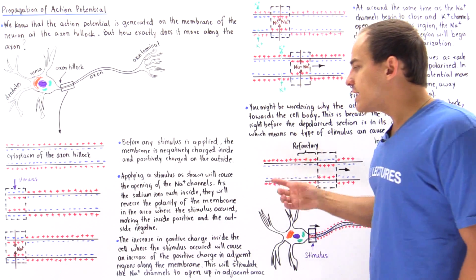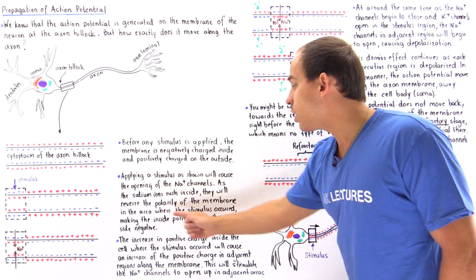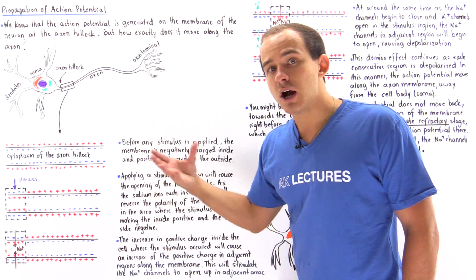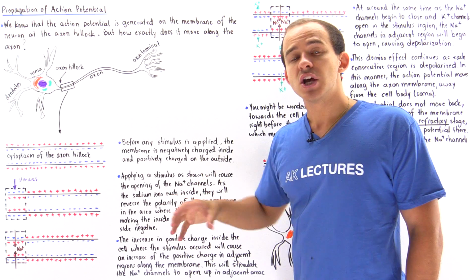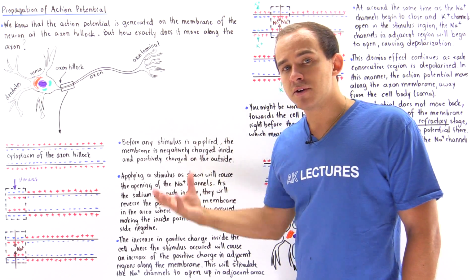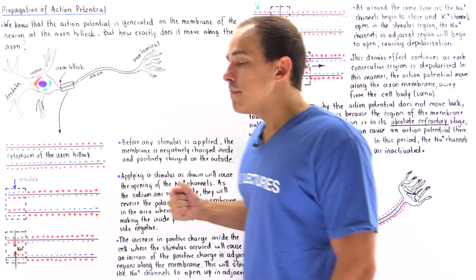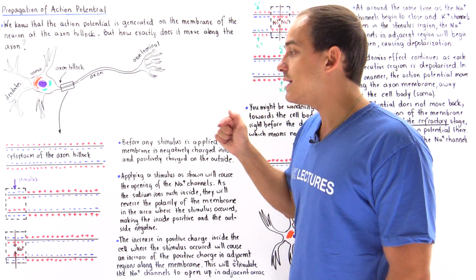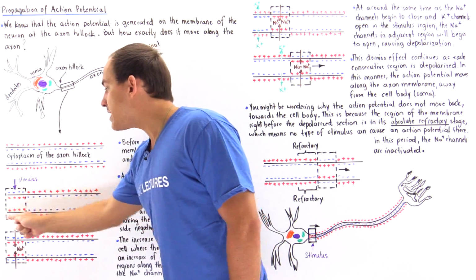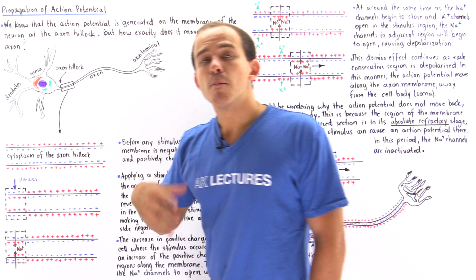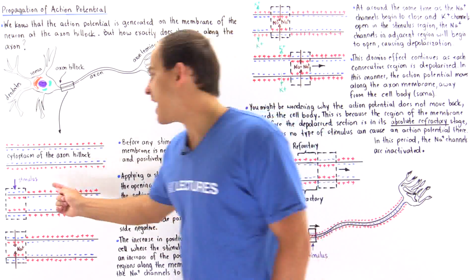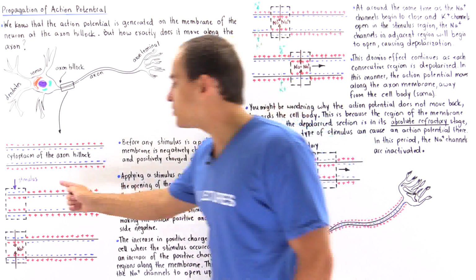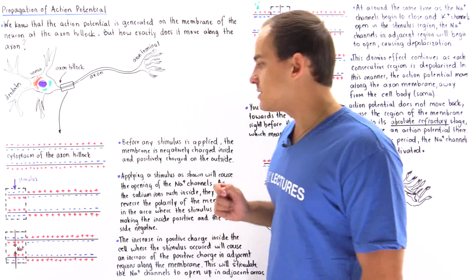Now, as soon as our sodium ions rush inside the cell, they will reverse the polarity of the cell, and this is known as the depolarization period. So that basically means because we have positively charged sodium ions flowing into the cell, that will make the inside of the cell momentarily positive, and the outside of the cell will become momentarily negative in the region where the stimulus is applied.